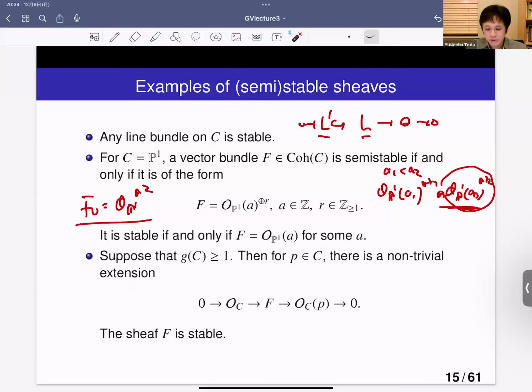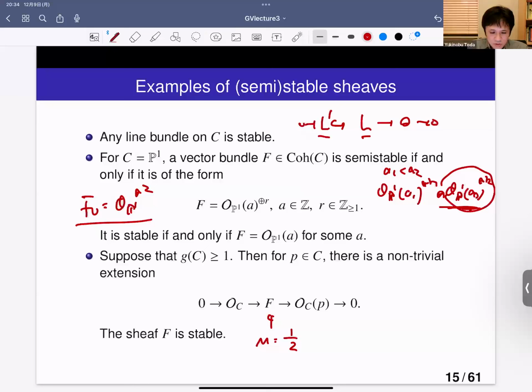But if it does not split, then every subsheaf of this one has slope less than or equal to 0. So this sheaf has slope 1/2, so it must be stable.